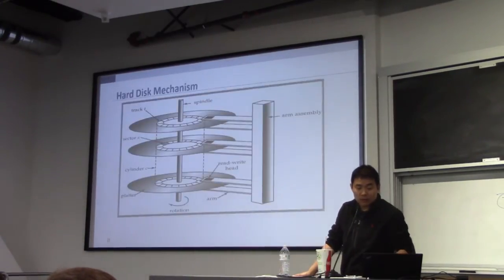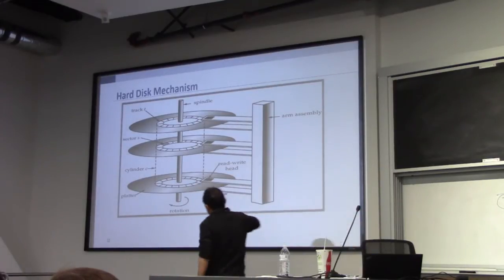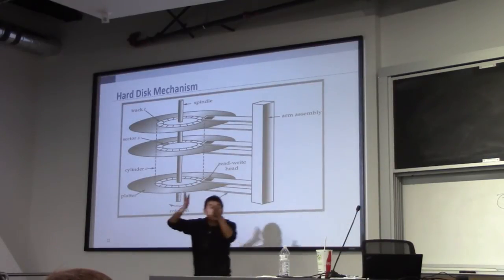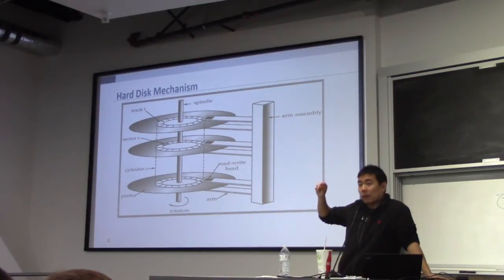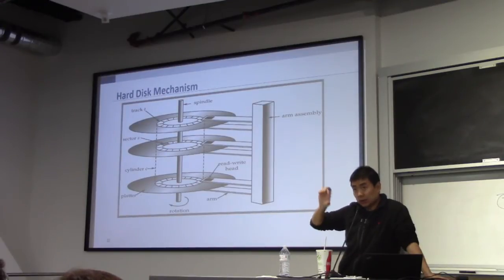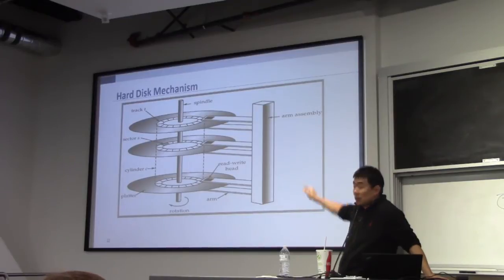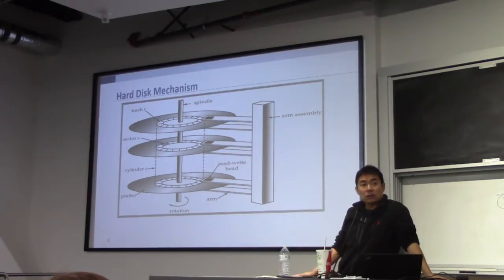A cylinder is a conceptual concept. All the tracks with the same radius to the center from different platters form a cylinder. So that's a cylinder right there.